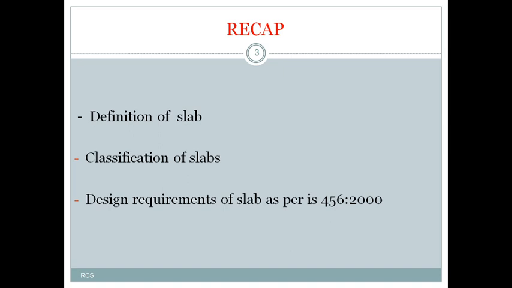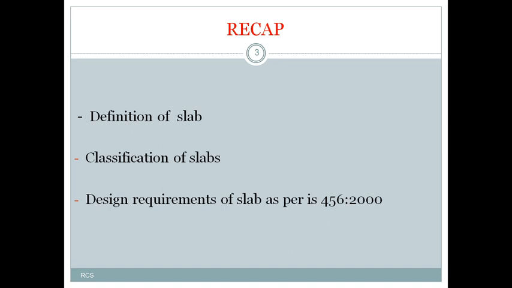Coming to the important aspect, the maximum diameter of a bar: in no case should the diameter of a main reinforcement bar be more than 1/8 of the thickness of the slab. Remember this point, as this requirement has to be satisfied while designing these slabs.